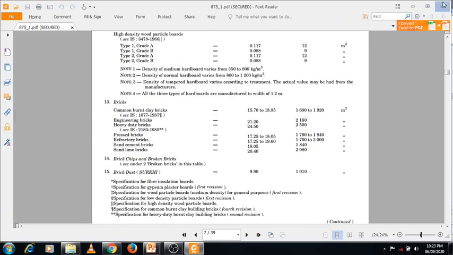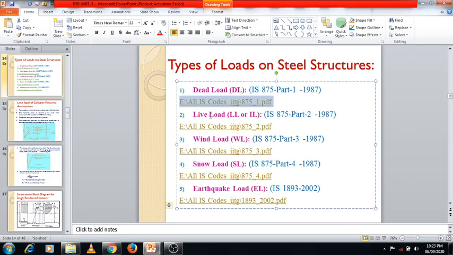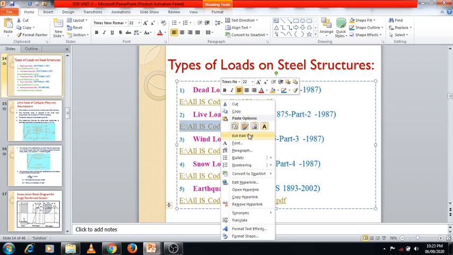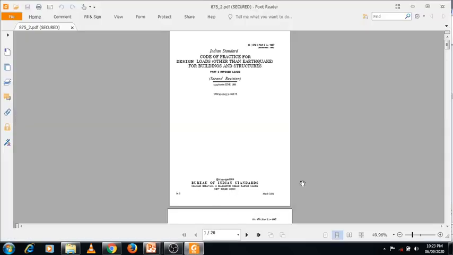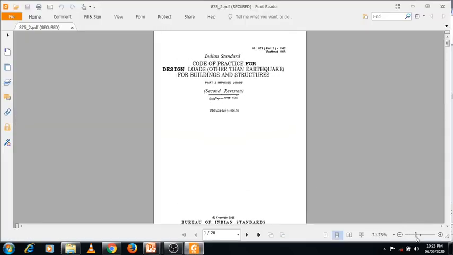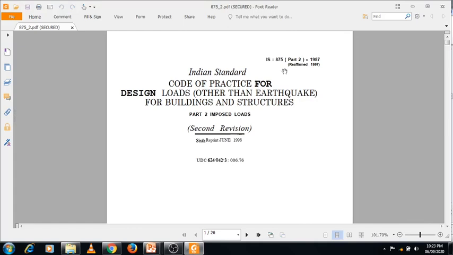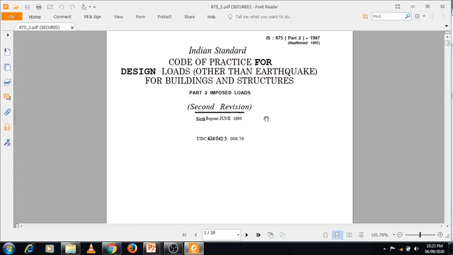Okay, so next is the live load. For live load we are referring to IS 875 Part 2, 1987. Let us see this IS code. Here we can see IS 875 Part 2, 1987, that is for imposed load, or we can say live load.